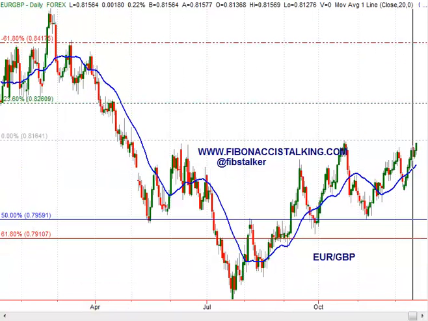What happened? Price kept moving higher, and it has a 0.8260 level of target, and this target is very similar to the 1.3430 level we have in the euro dollar. So I believe that when the euro dollar hits that target, it's possible that the euro GBP will also hit this 0.8260 target. So that's where we are headed at the moment.